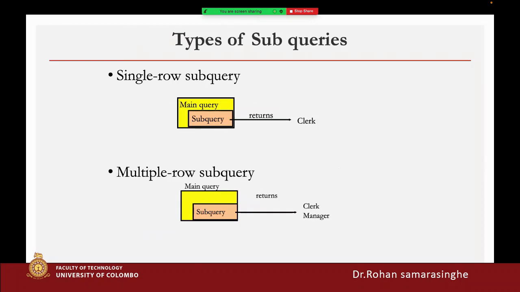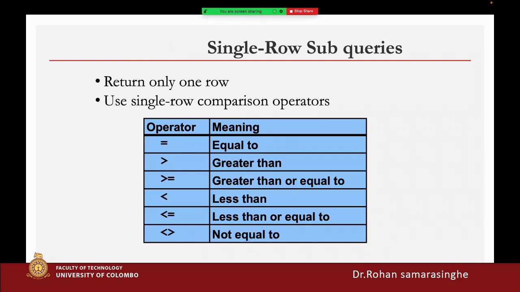Here, single row subqueries return only one value. Multiple row subqueries return multiple rows or multiple values. Here are the operators and their meaning: return only one row and use a single row comparison operator.